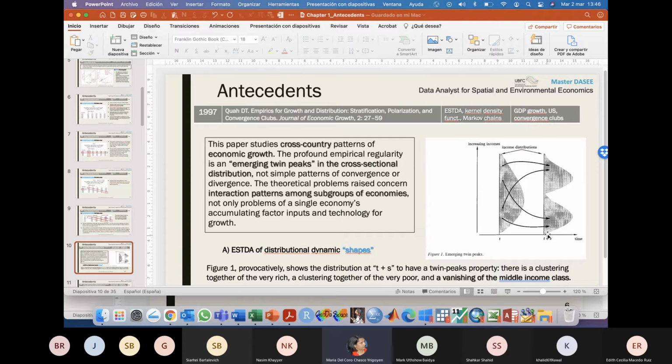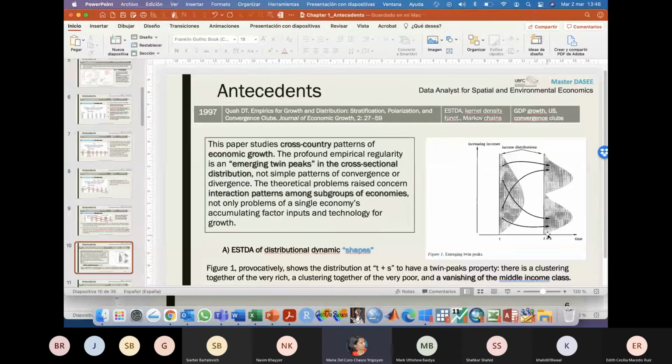Hence, from a theoretical point of view, he found with this analysis the existence of interaction patterns among subgroups of country economies. So it is not a problem of single special economies that are accumulating factor inputs and technology for growth, single, very outstanding economies, but subgroups of interconnected economies that are evolving together, making these clubs.